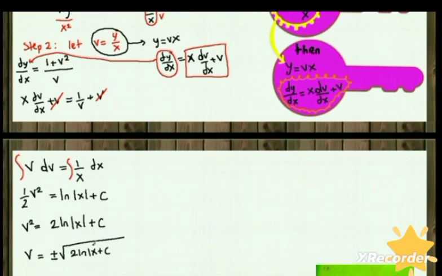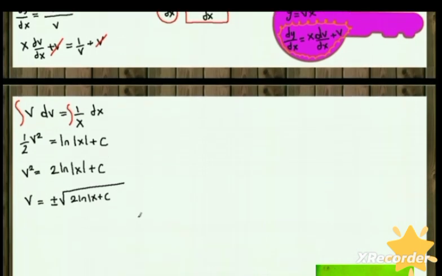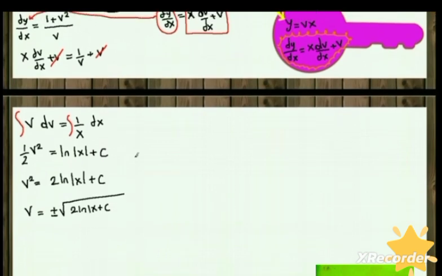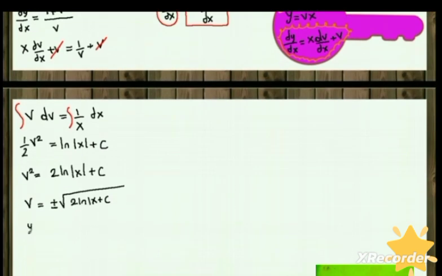Actually, we need to bring v back. So v was y over x, which equals plus or minus the square root of 2 ln of x plus c, and we multiply both sides by x.